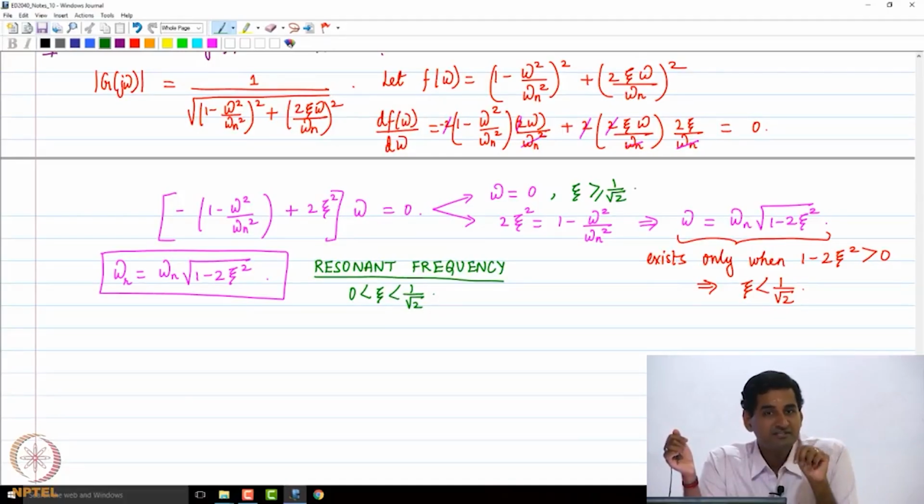See, you take a second order system, let us say you remove the damping, then you give a perturbation, the frequency at which the undamped system oscillates is what is called the natural frequency.